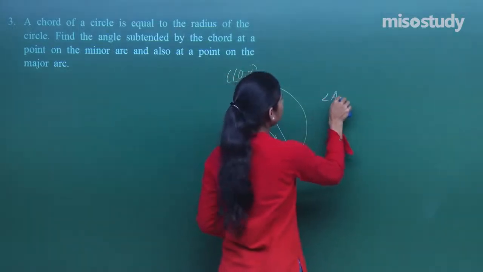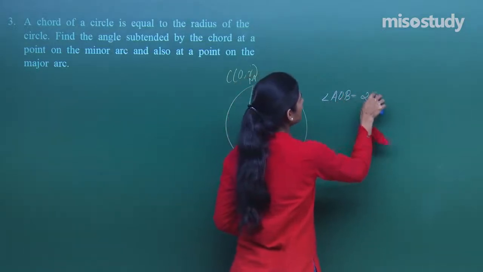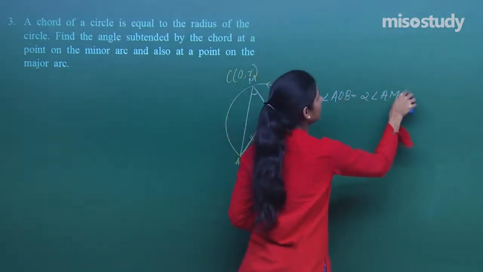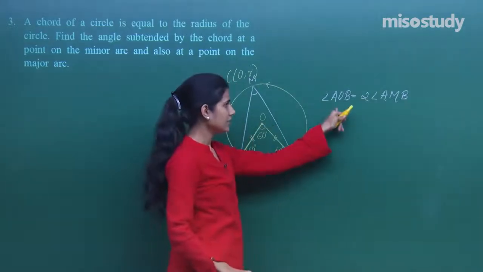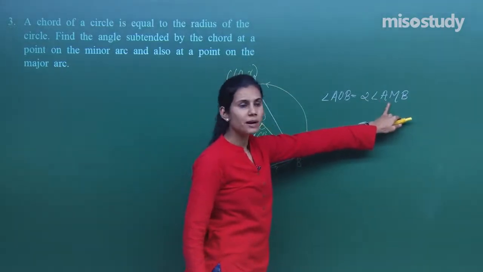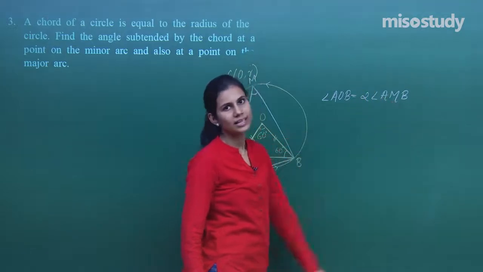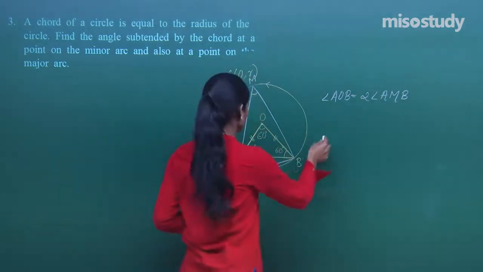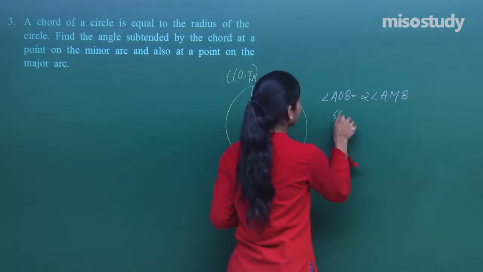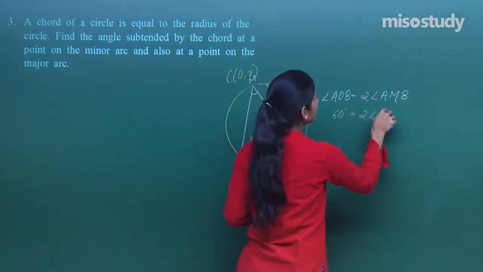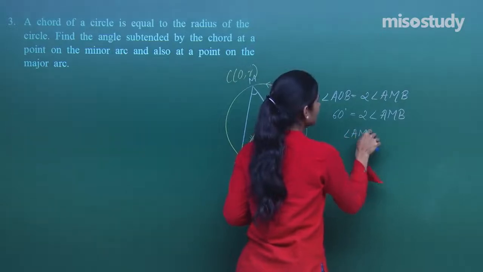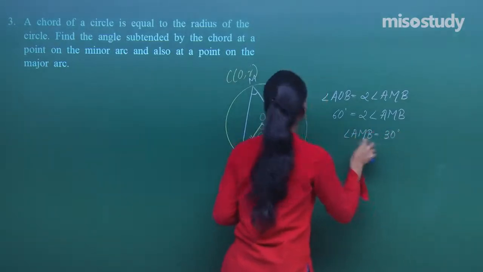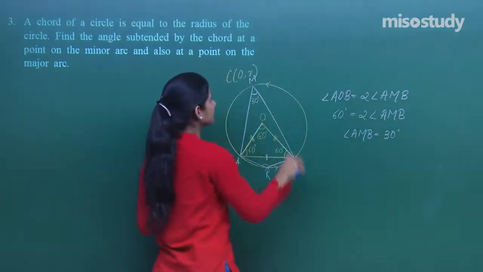So angle AOB will be twice of angle AMB, because angle subtended by the AB arc at the center of the circle is twice the angle subtended by the same arc at some other point M on the remaining part of the circle. So this means angle AOB is 60 degrees, is 2 times angle AMB. So angle AMB is 60 upon 2, which is 30 degrees. So you have this angle to be 30 degrees.